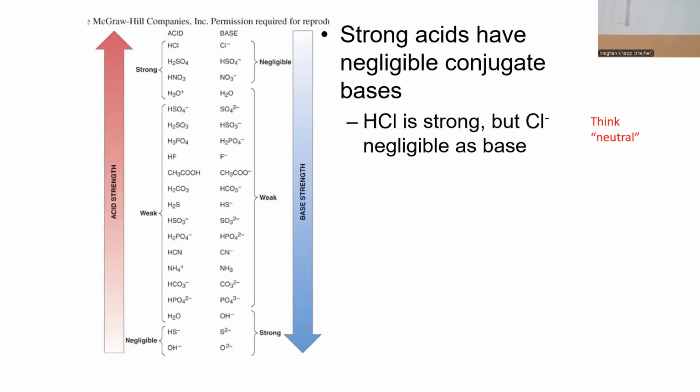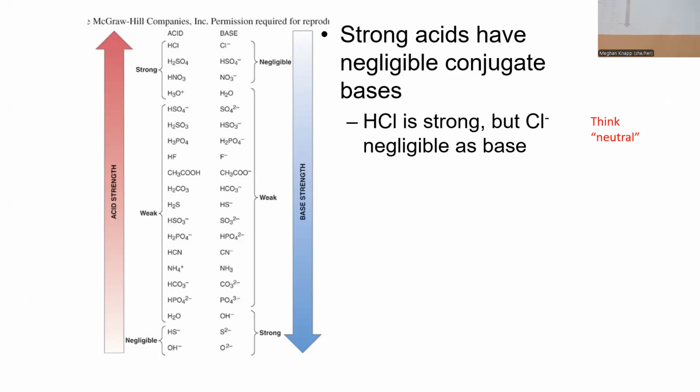It is the counter ion that is impacting the pH. The H plus is what causes the pH to change. In sodium chloride, we're paying attention to the Na. In iron chloride, we're paying attention to the iron. And this is really helpful because it means we can ignore chloride.